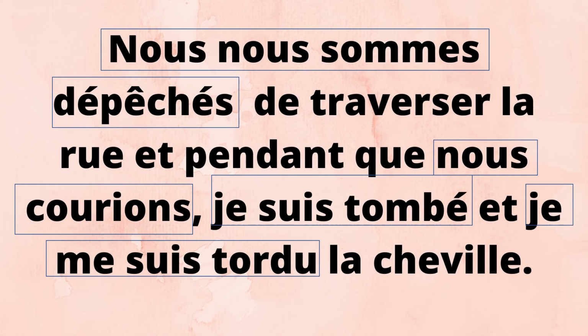The reflexive pronoun that relates to je is me. And when we conjugate être, we need the verb which relates to je, which is suis for être. Okay? And tordu remains the past participle. These are things we need to learn by heart because some of them are not so obvious to guess.